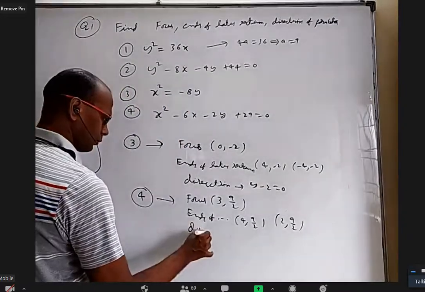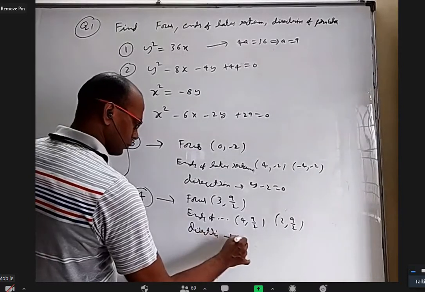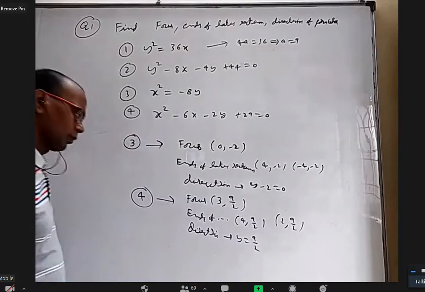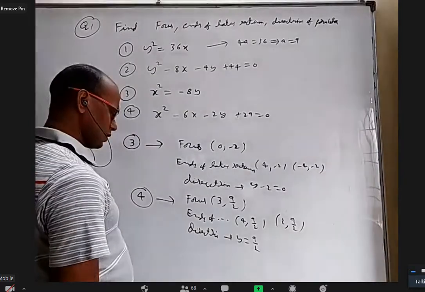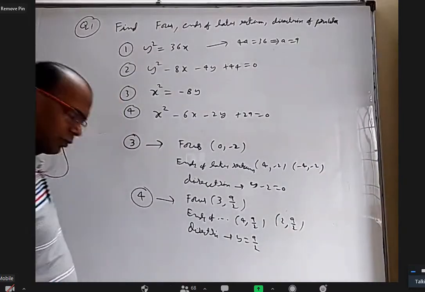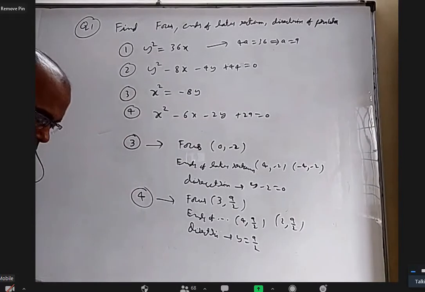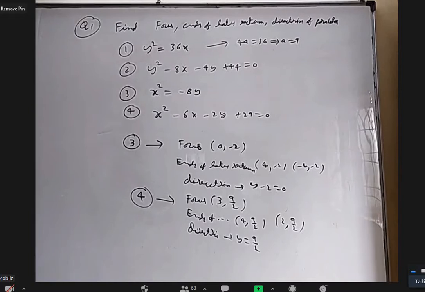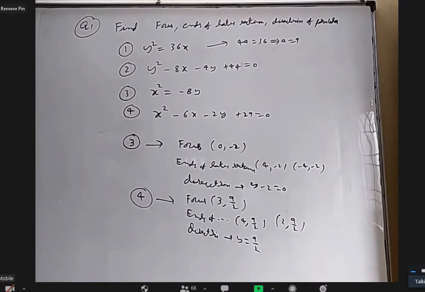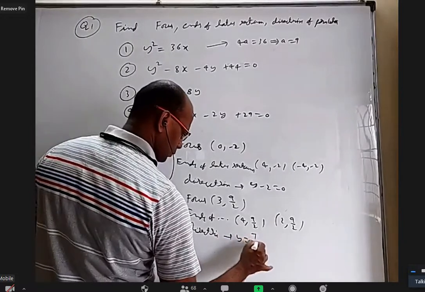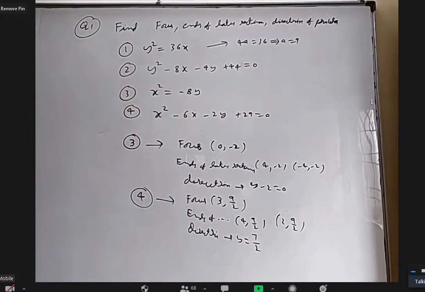Directrix is y equal to 9/2. Are you sure the directrix is y equal to 9/2? Because you said the focus y coordinate is 9/2. So y equal to 7/2. Okay. Are these right?